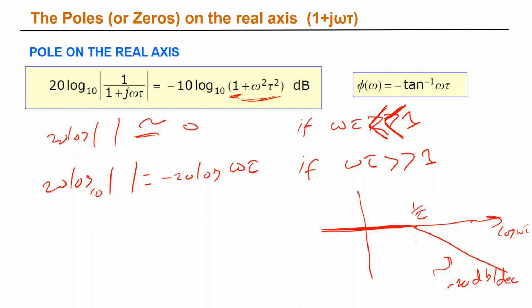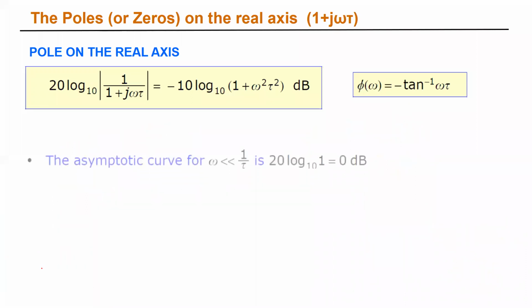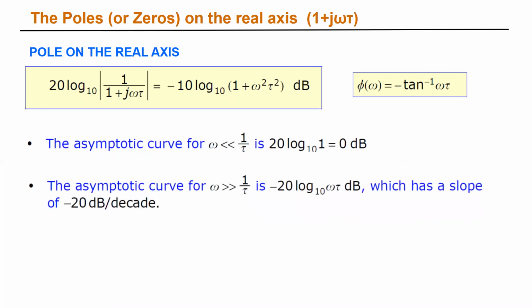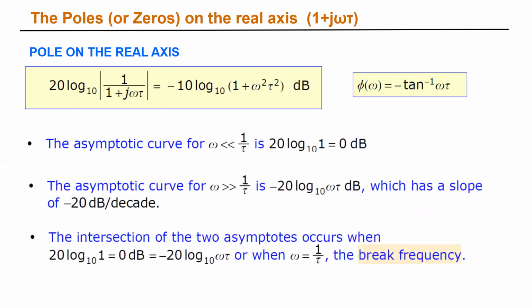This is my approximation, and I can modify my approximation at the minus 3 dB point. It's going to be the minus 3 dB point. So if I want the exact, basically I will have something like this. So what we are doing here is a straight line approximation.